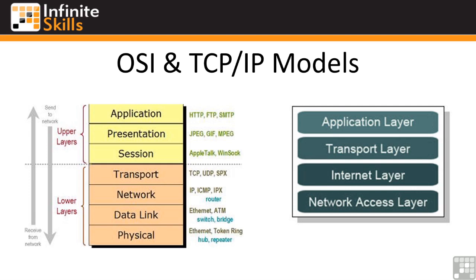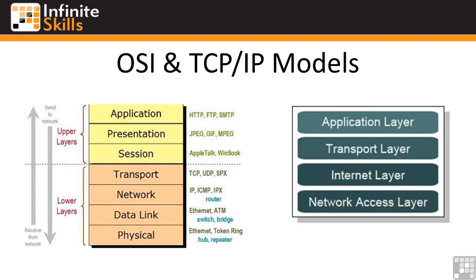Now, in the TCP/IP model, we have the network access layer on the bottom of the stack, and these are called stacks, and you'll often hear people talk about protocol stacks. So these are stacks, and the reason is because the different layers stack on top of each other. So at the very bottom of the TCP/IP model, which is on the right-hand side here, we've got the network access layer.